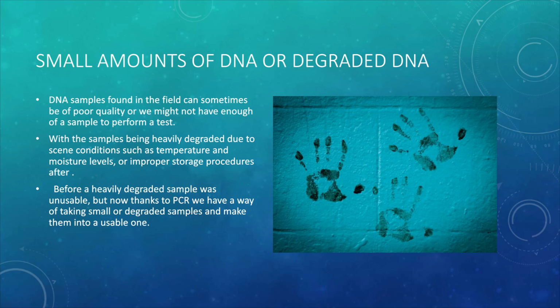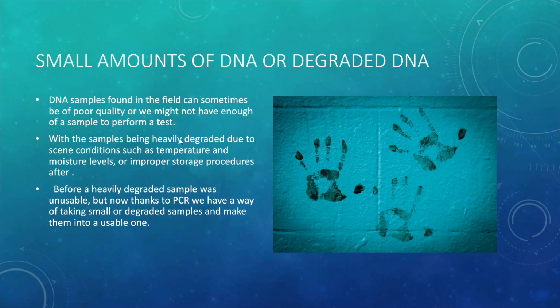Before, this type of DNA testing was usually very limited in its application. You either needed enough DNA, or if it was degraded enough, you just couldn't do anything with it. I think an example is the OJ trial, with just how degraded some of it was by being left in the car.